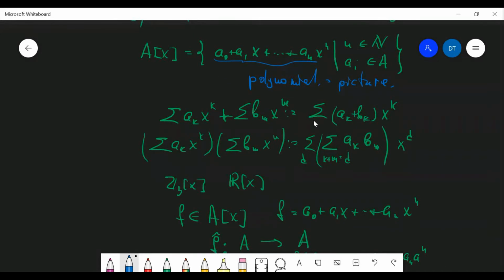So two polynomials are the same if and only if all coefficients are the same. So it's easier to deal with, and you don't need to worry about substituting test elements instead of x. So just compare the coefficients, and that's enough. So this is how you deal with polynomials in algebra.